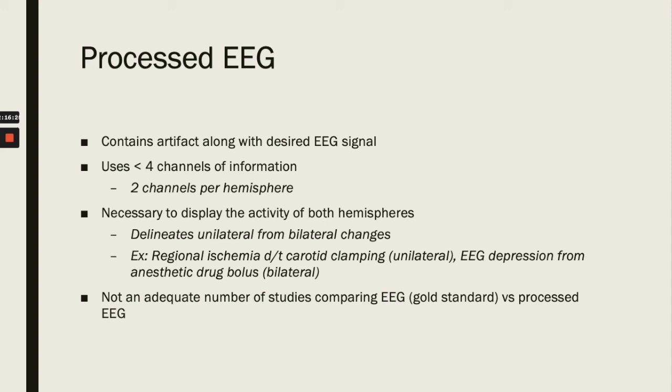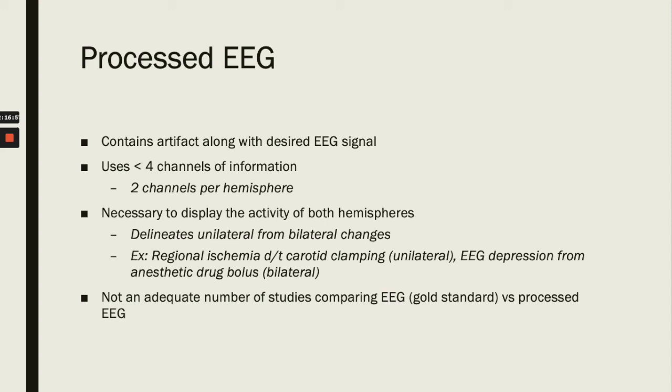It's necessary to display the activity of both hemispheres, so it delineates unilateral from bilateral changes. So, if you wanted to see regional ischemia due to carotid clamping, that's your unilateral changes. And if you wanted to see EEG depression from an anesthetic drug bolus, that's your bilateral changes, because you're giving a bolus, but you're not differentiating between the left or right hemisphere.